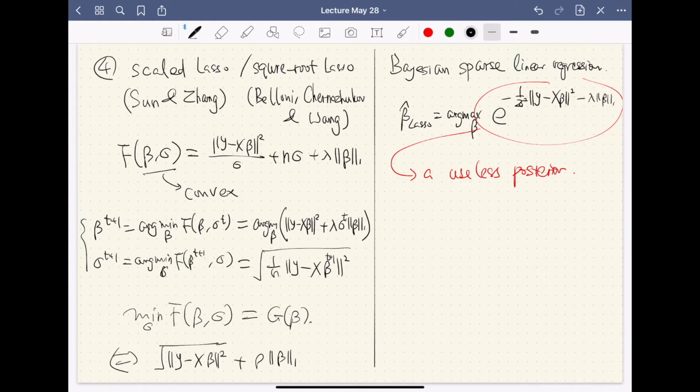So the question is, is there a prior distribution so that the induced posterior distribution has optimal rate of convergence, in the sense that if you sample from that posterior, it will give you the minimax rate performance?